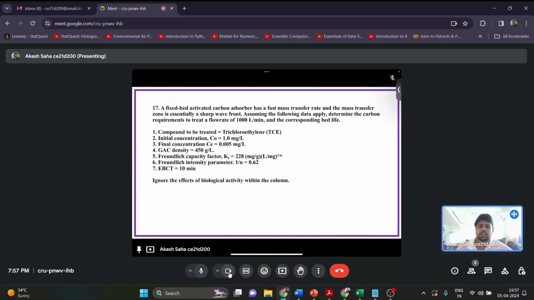Okay, so ignore the effects of biological activity within the column. So this is also given. So here we are only focusing on the adsorption, hence we are removing the biological activity. So now we have to find out the carbon requirement and the bed life. So just note down the problem.